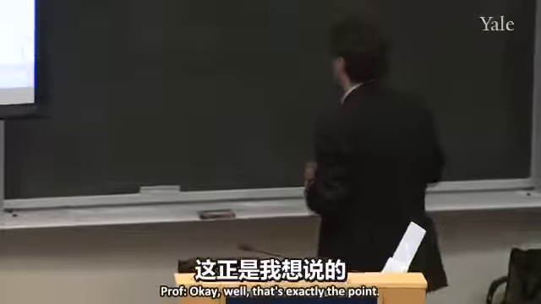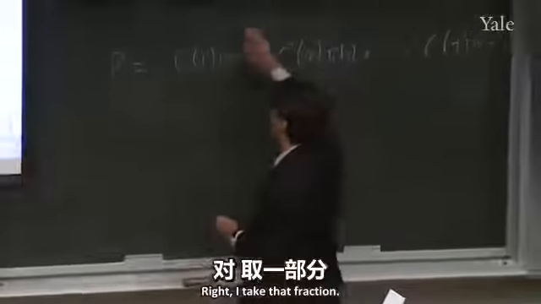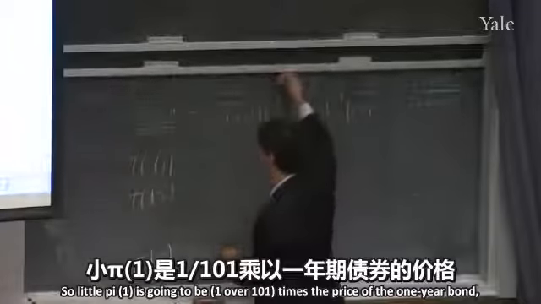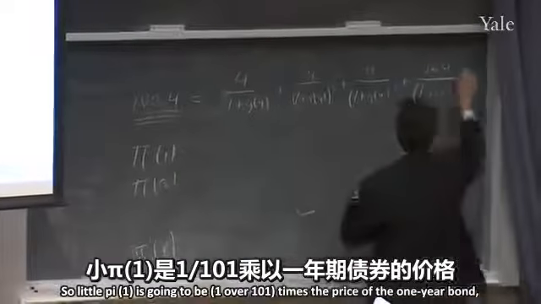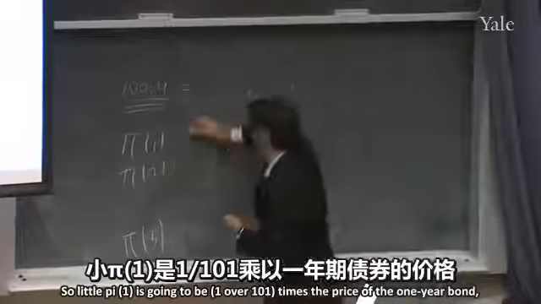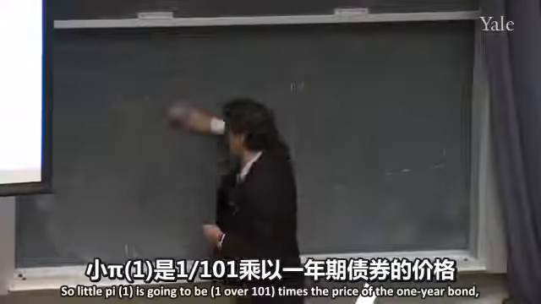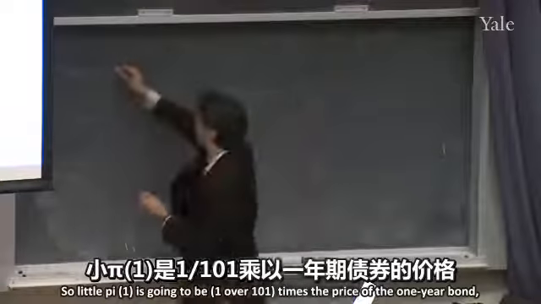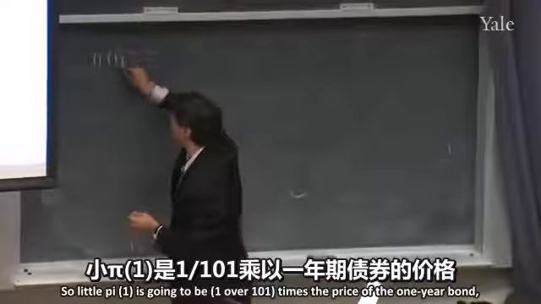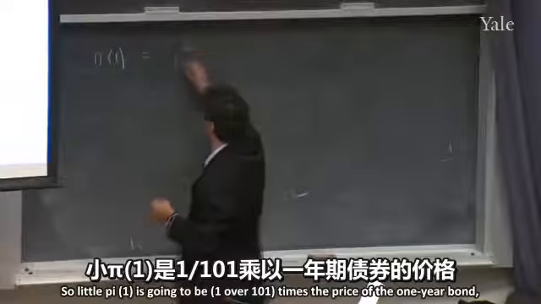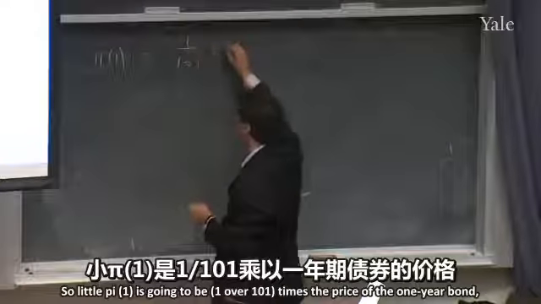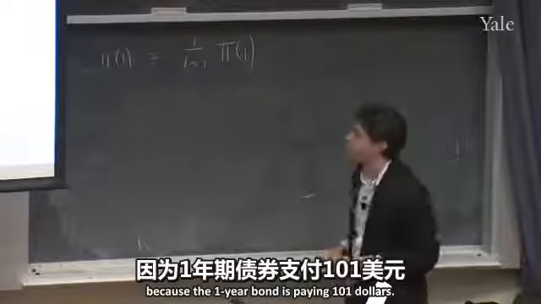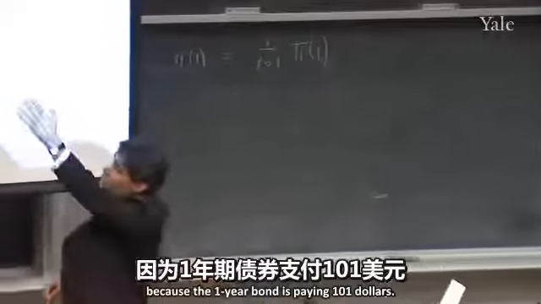Okay, well, that's exactly the point. Okay, right. I take that fraction. That's what I want you to tell me. So little pi 1 is going to be 1 over 101 times the price of the 1-year bond, because the 1-year bond is paying $101.